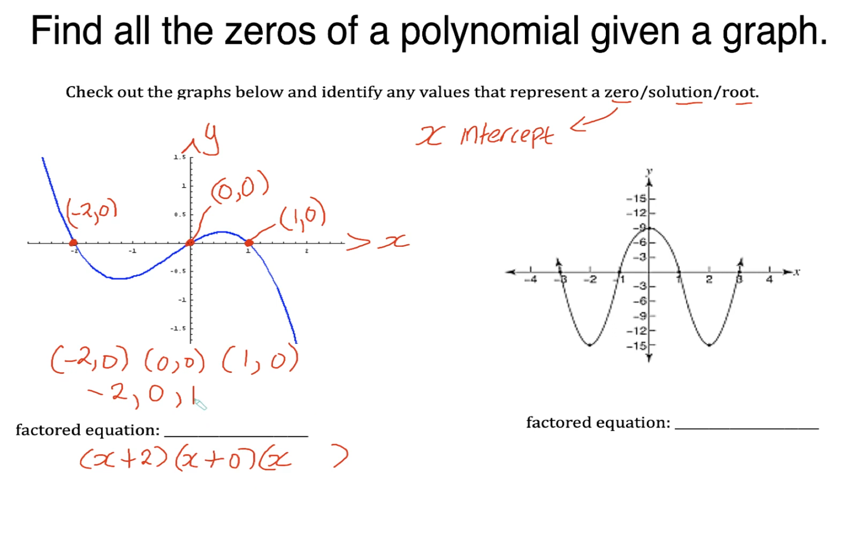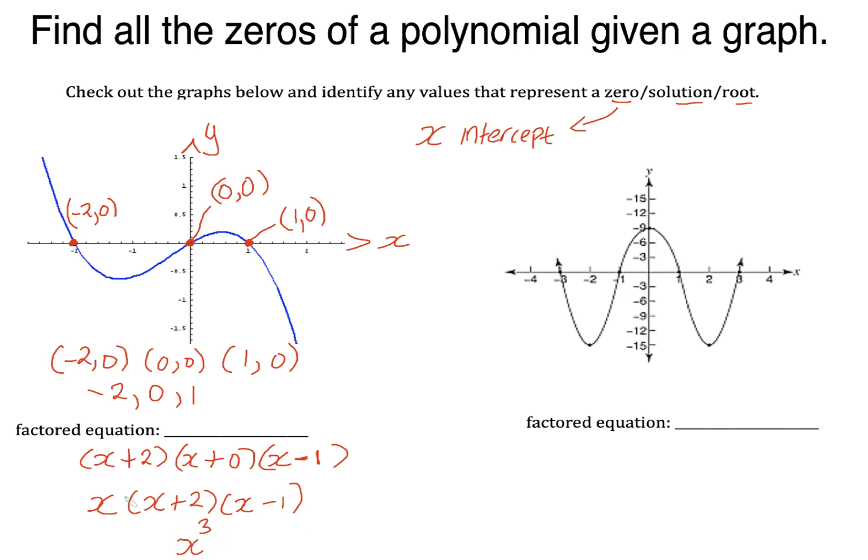And then here, this is a +1, so I'm going to write the opposite, which will be -1. Anything added to 0 is itself. So x plus 0 is just x. So this will just be x. And then I have (x + 2) and (x - 1). Notice I have 1, 2, 3 x's. If I actually had to multiply this, this would be an x to the third function.